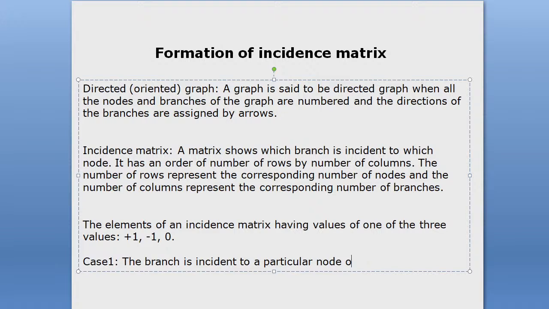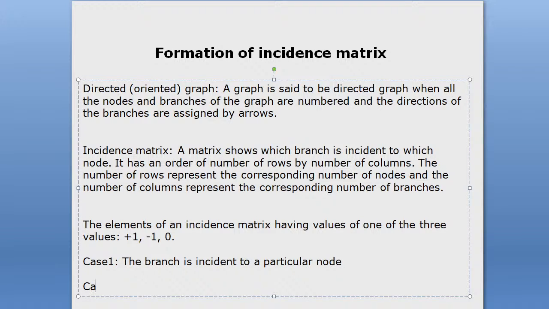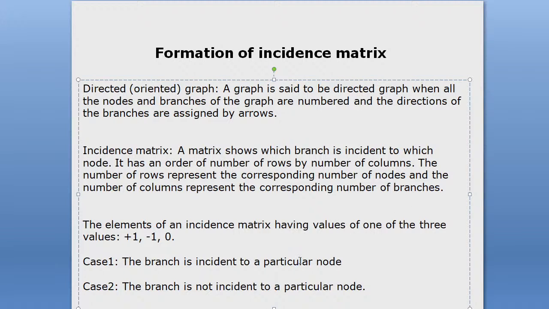Case 2, the branch is not incident to a particular node, a given or concerned node. If the branch is incident to a particular node, then two situations arise.